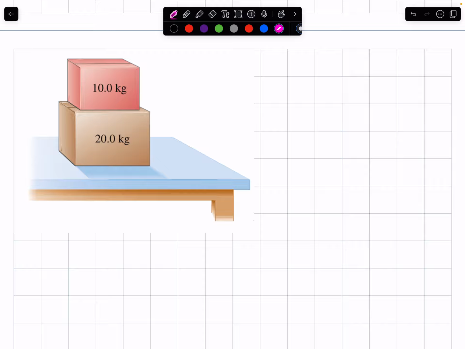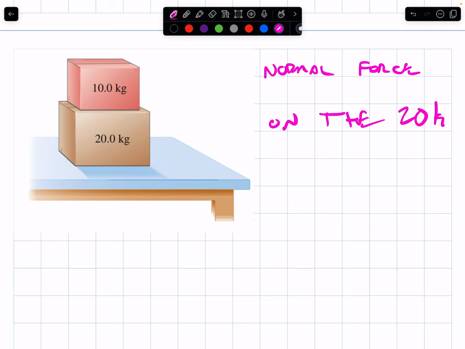So here we might want to ask, what is the normal force on the 20 kilogram box? And so the normal force is the force the table exerts upward on this 20 kilogram block.